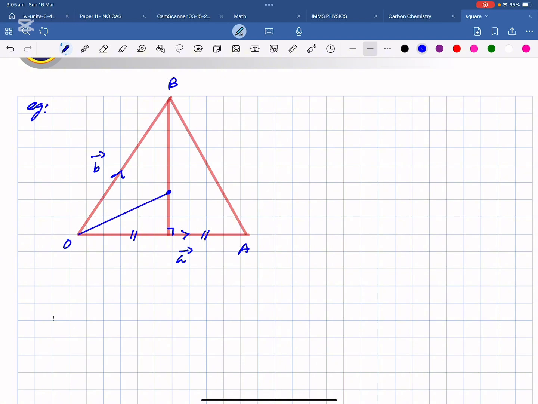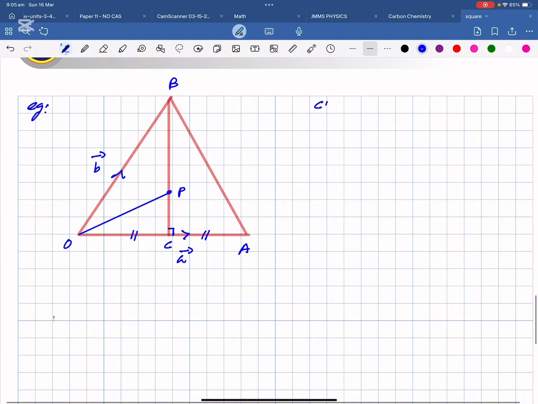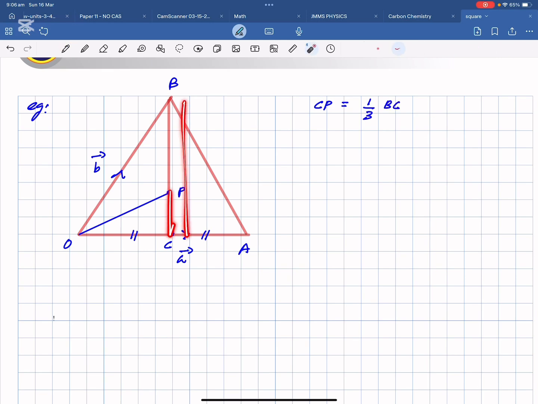So this point I would say this is C, this is P, right? So I'm going to say CP distance is going to be 1/3 of BP distance. So that means this one is actually 1/3 of BC vector, right? So this one is 1/3 of this one. So we'll try to find out whatever we can.